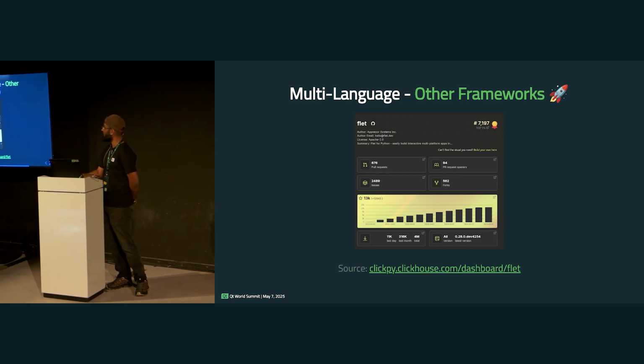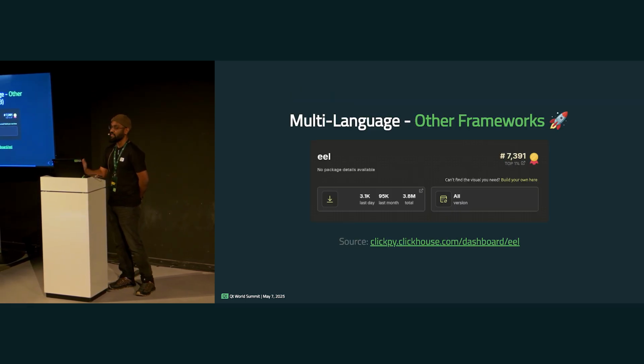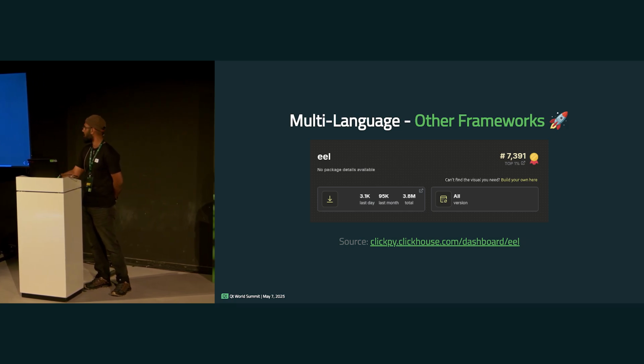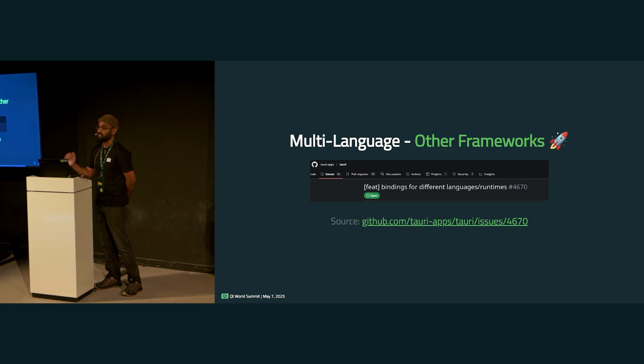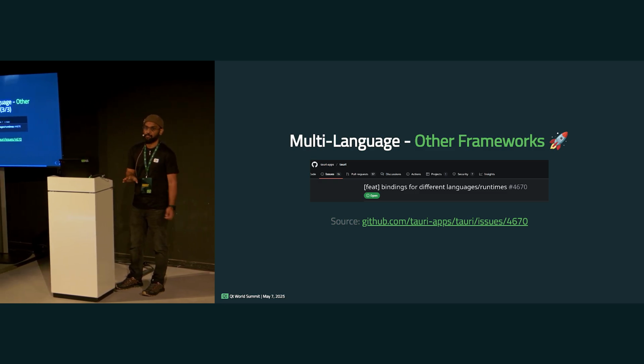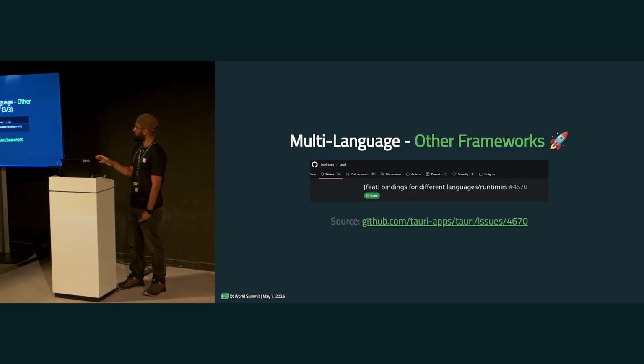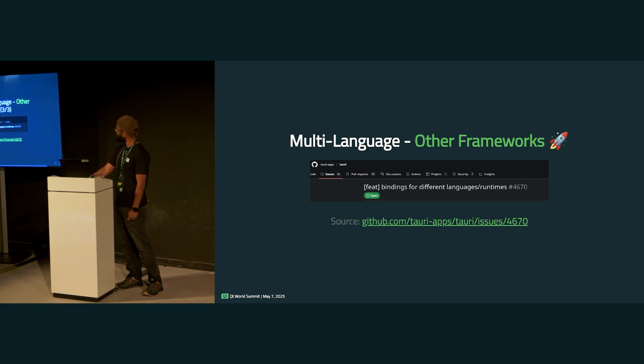It has around 4 million downloads. And then there is Eel, which is the Python counterpart for Electron, with around 3.8 million downloads. There is another framework called Tauri, which is again super popular among the Rust community these days because your backend is in Rust. They are also investigating creating multi-language bindings for Tauri as well. Just check out issue 4670 for that.